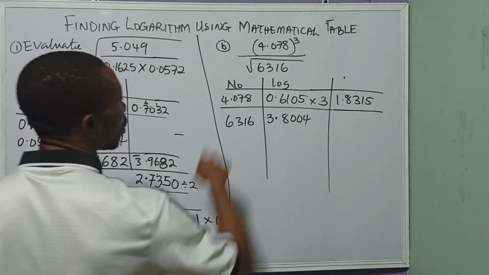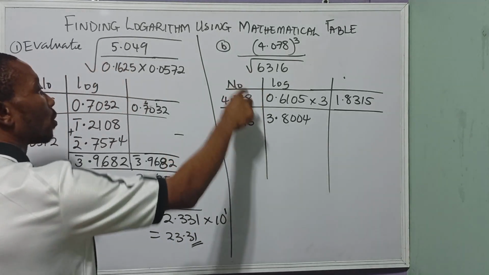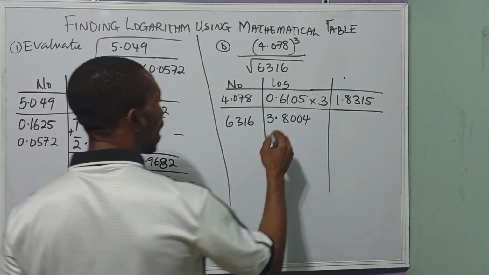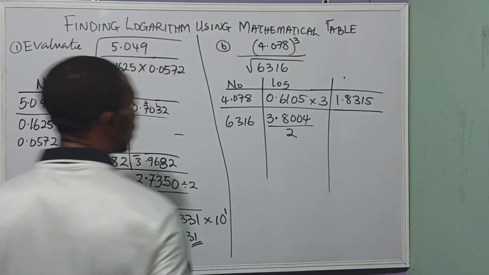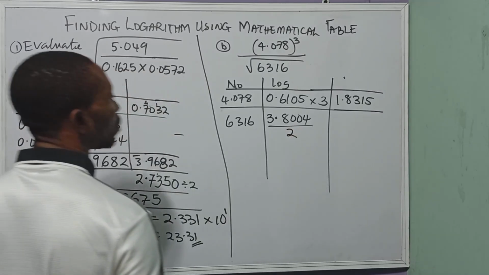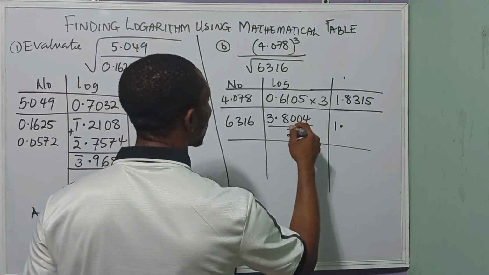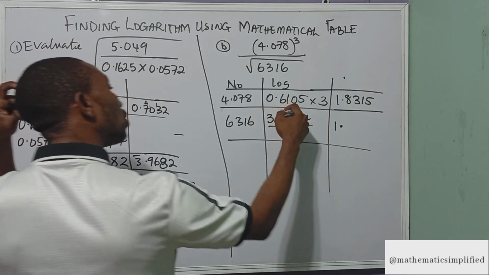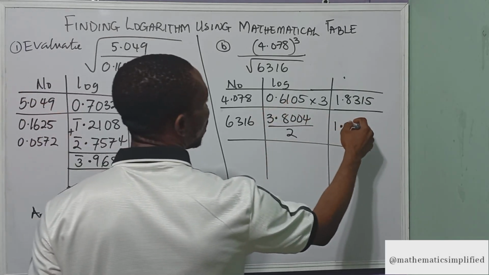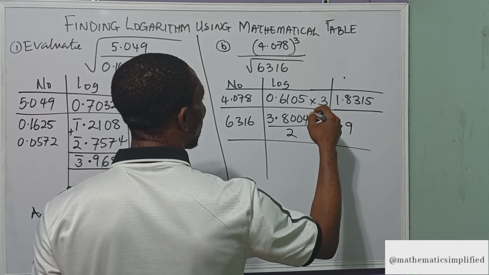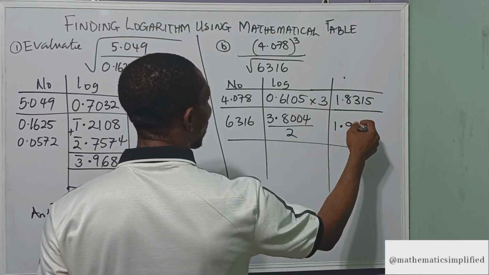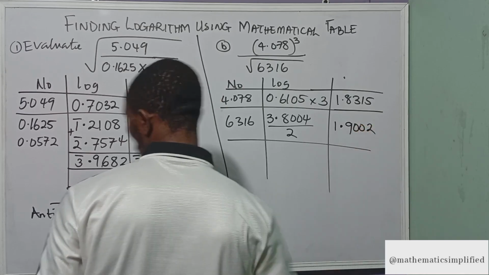Now, because it is square root sign, we divide by 2. If we divide by 2, we have it as 1.2231 and 2.0002.